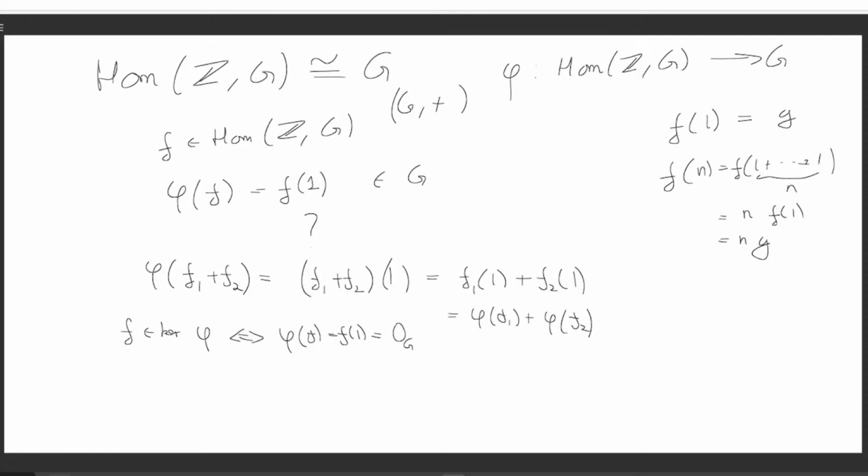What we did before. I'm using additive notation, right? And every element of Z is some n. You do this with minus n also, like a negative integer, similar thing, just minus 1 and so on.